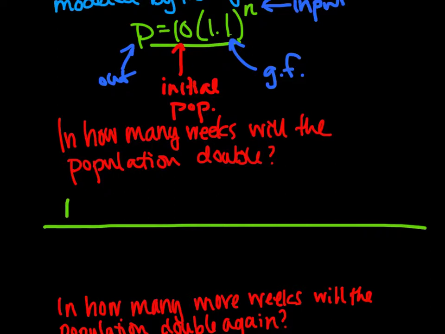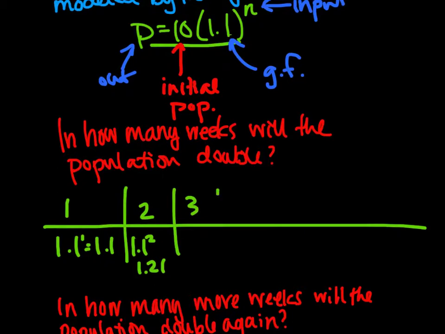So if we were to have 1 month, our 1.1 is just going to be 1.1 to the first power, or 1.1. We can see for the second, we would have 1.1 squared, which is 1.21.